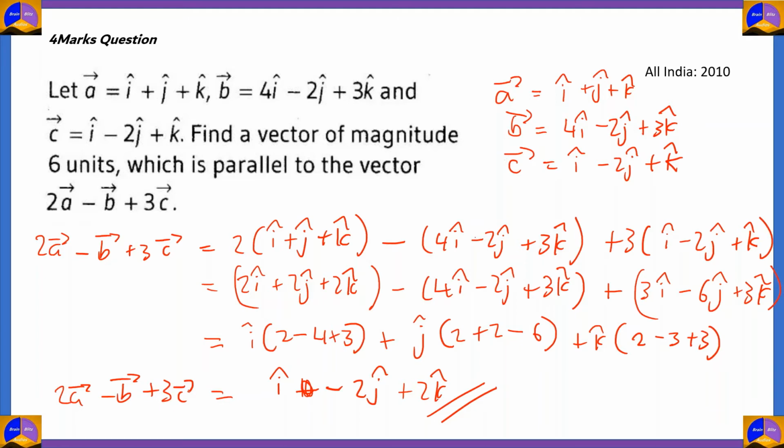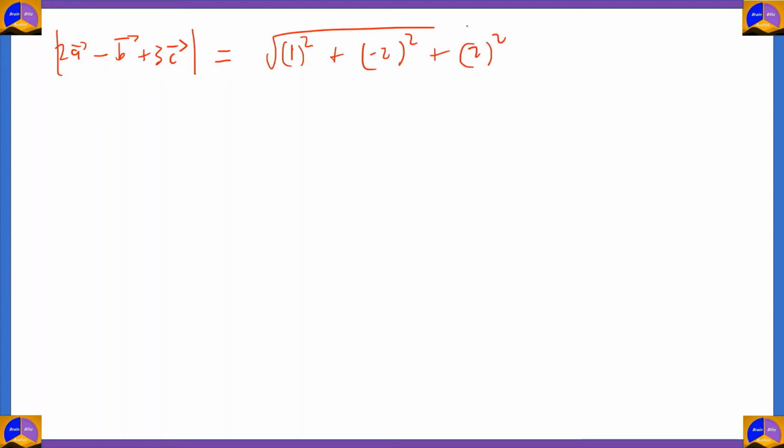Now we need to find out its modulus so that we can find out the unit vector. So modulus of 2A minus B plus 3C. That gives you 1 square plus minus 2 the whole square plus 2 the whole square under root. So that means 1 plus 4 plus 4 under root. That gives you under root 9, which is equal to 3.